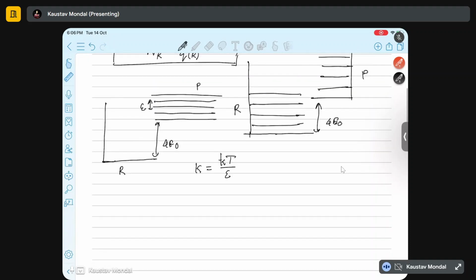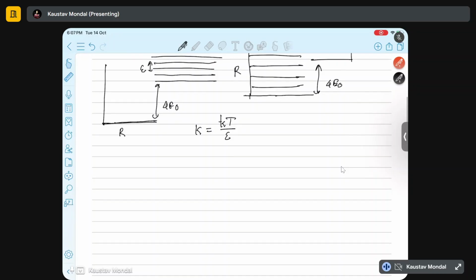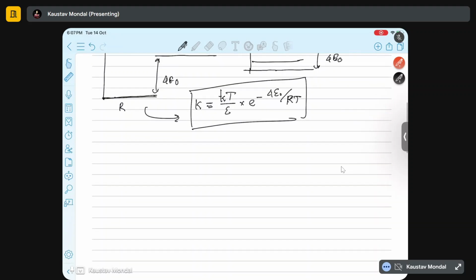This is product, this is reactant. So the reactant has only one energy level, and the product has many energy levels, but they are equally spaced, and the difference between the energy levels is epsilon. So for this case, the equilibrium constant is simply given by K equal to kT by epsilon into e to the power minus delta E 0 by RT. This is the expression of the equilibrium constant for this system.